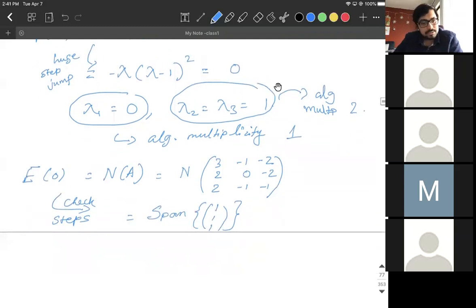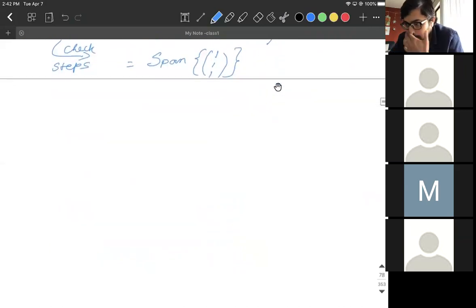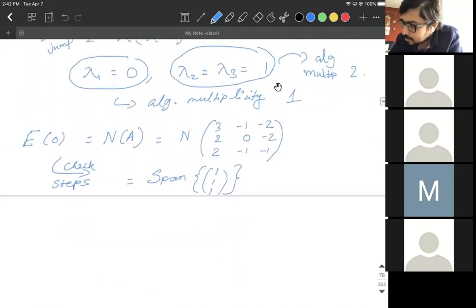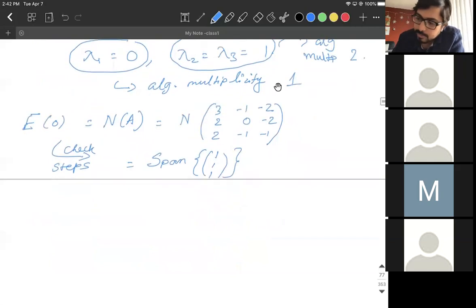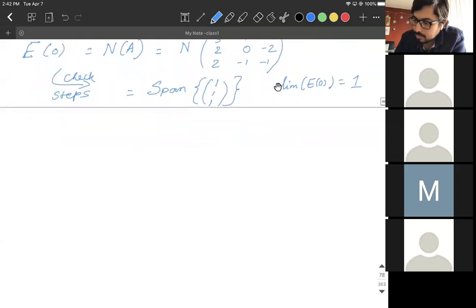So the in-between steps for the moment you know. What you do is row reduce this matrix and then solve for x, y, and z for the homogeneous system. That's where I skip steps, simply because I have to reach a certain point. So this is given by the span of this one vector as expected. So the dimension of E0 is 1, and we're good.